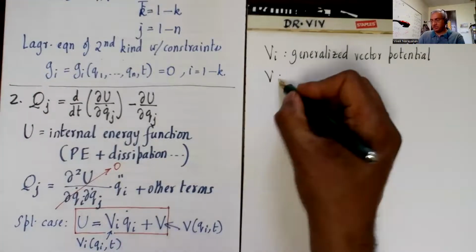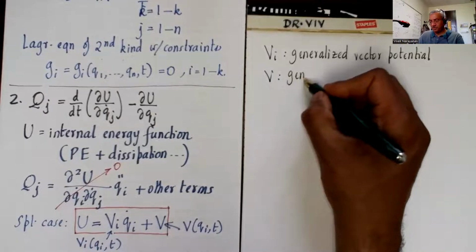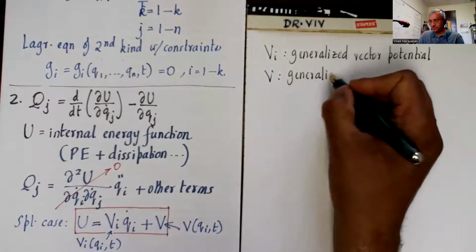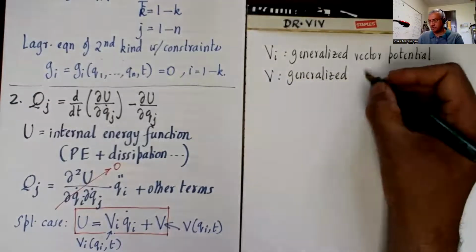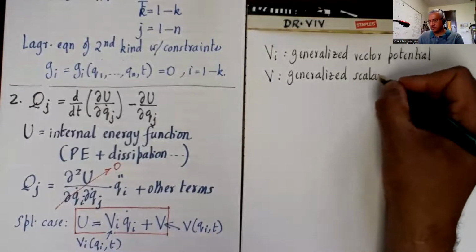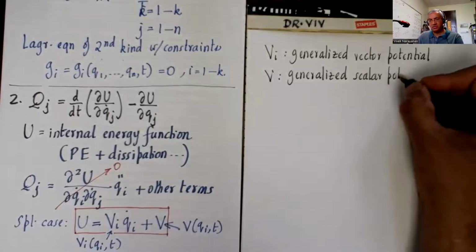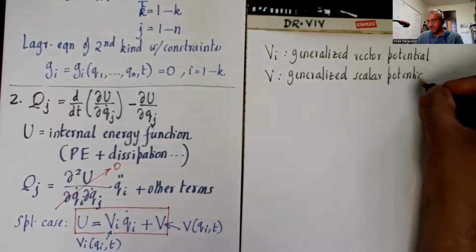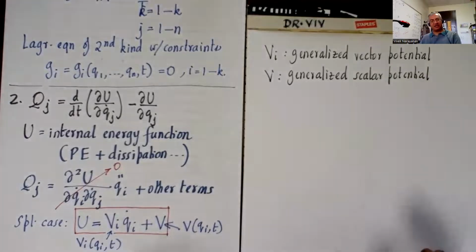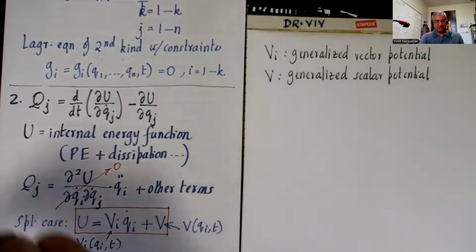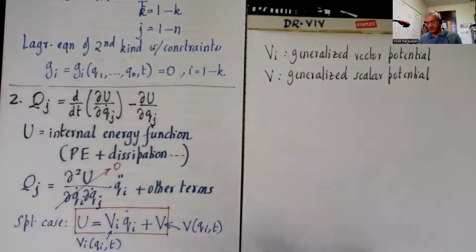V is called the generalized scalar potential. We will see when we do electromagnetism that this corresponds exactly to what you normally know as the scalar potential and vector potential in electromagnetic theory. This video assumes, incidentally, you know a little bit of electromagnetic theory at the undergraduate level.